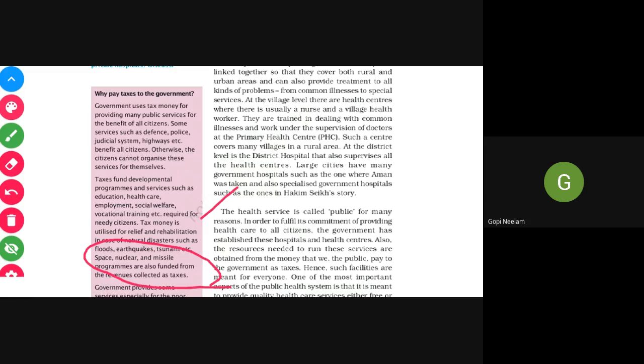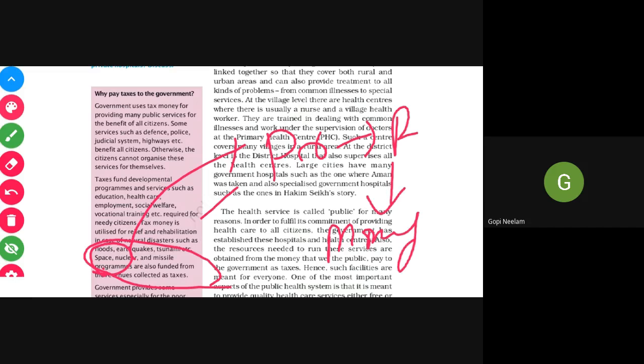It's going to space, right? For that kind of program also, the government provides funding from the money collected through taxation. That is how the government is utilizing the funds collected through taxation.